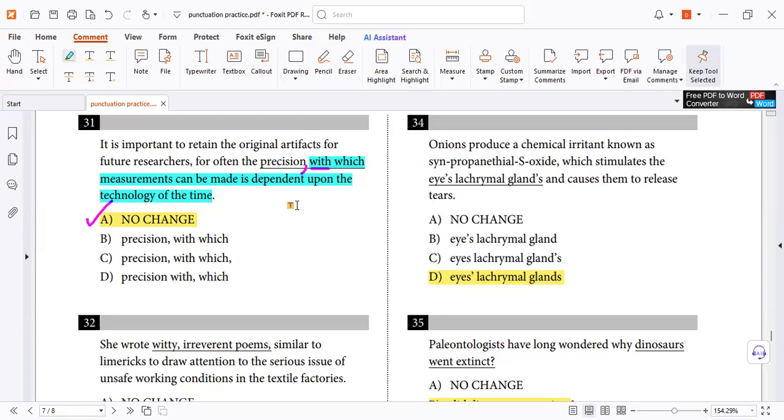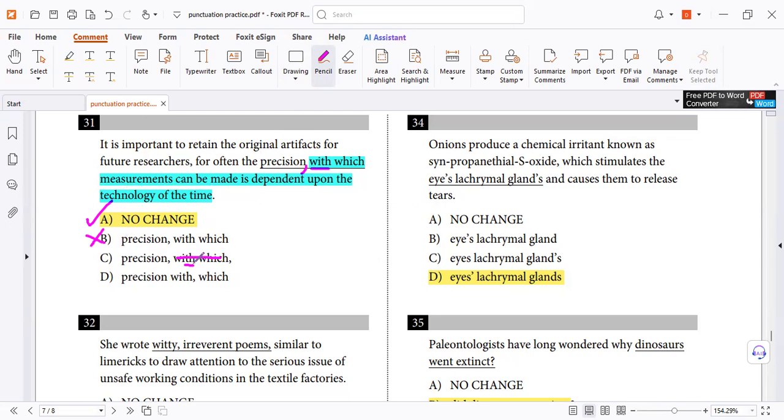I'm just asking you, Omar, is this one essential or non-essential? It's essential to tell what they could do with the precision measurements can be made. So it's very important to the rest of the sentence. So we cannot use a comma. Here it's essential, so I cannot make this part non-essential between two commas.